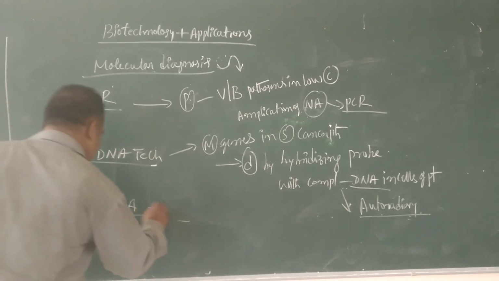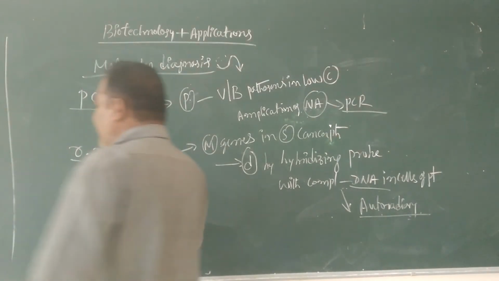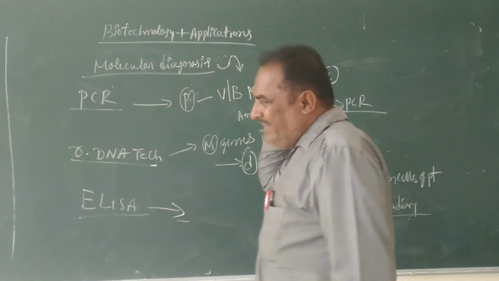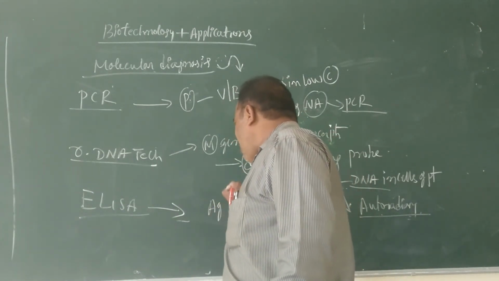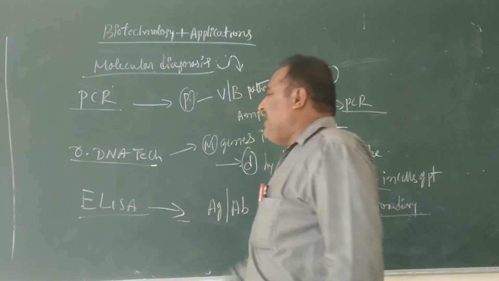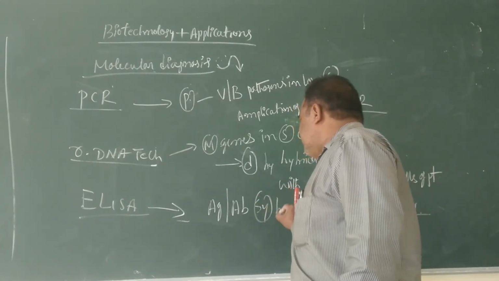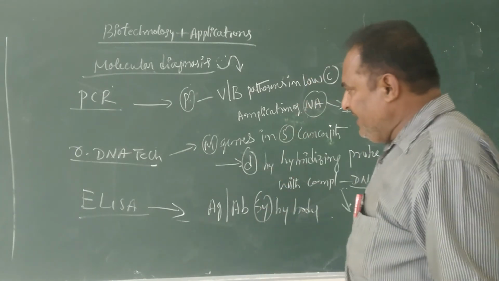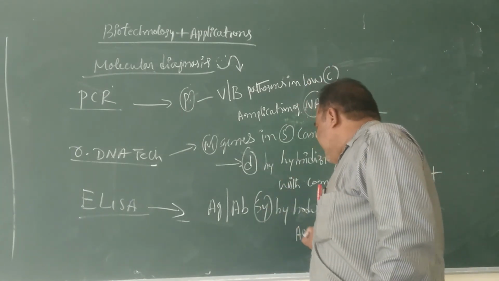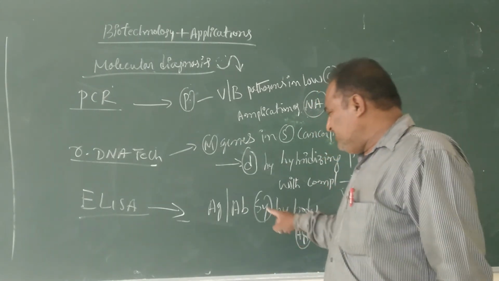And one more technique for the early detection of diseases is ELISA, enzyme linked immunosorbent assay. By using this technique, the antigen or antibody synthesized by the body against a specific antigen is detected.